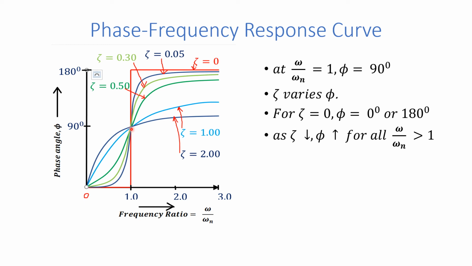And more, for higher frequencies, as we are increasing the zeta, phi is decreasing like this.